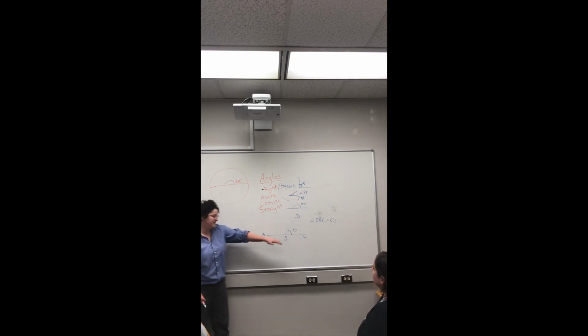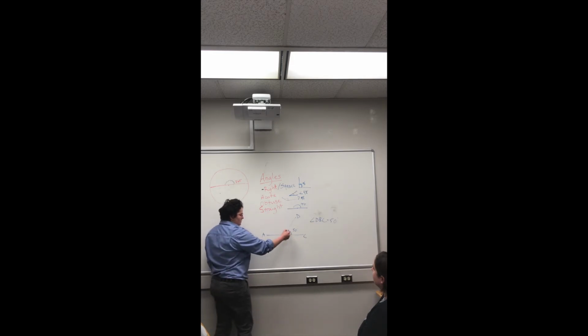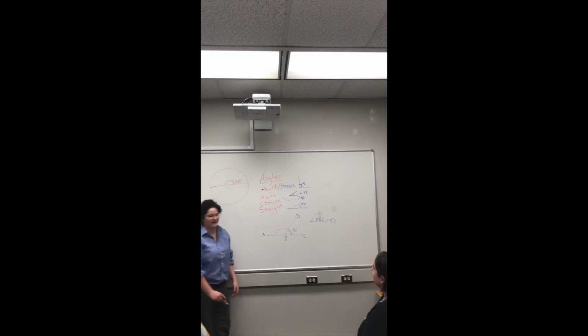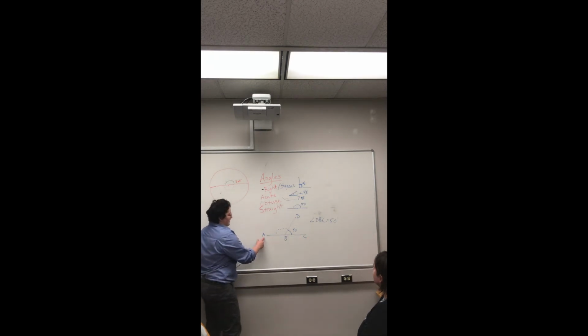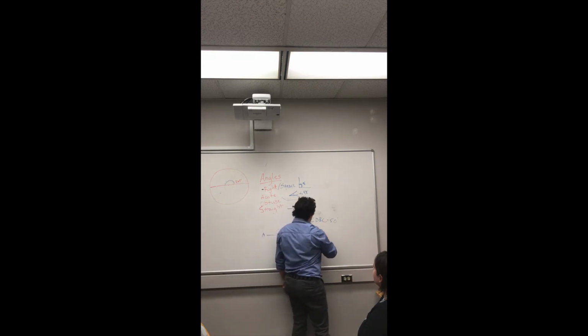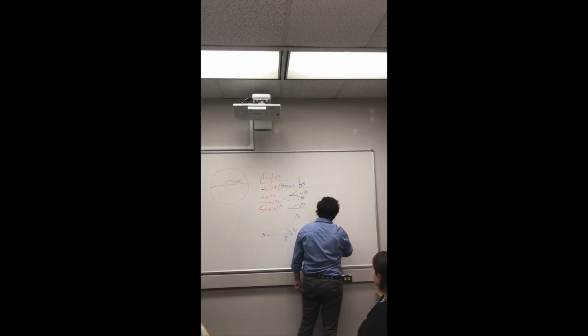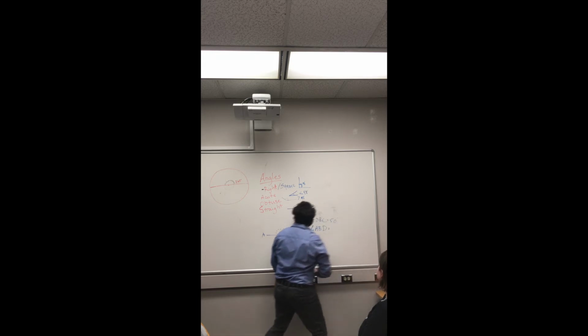So we already know, because this is a straight line that pulls all the way across, that this whole thing is going to add up to 180 degrees. And because we have this 50 degree angle as a given, we're looking for angle ABD, right? So angle ABD is what we're looking for.